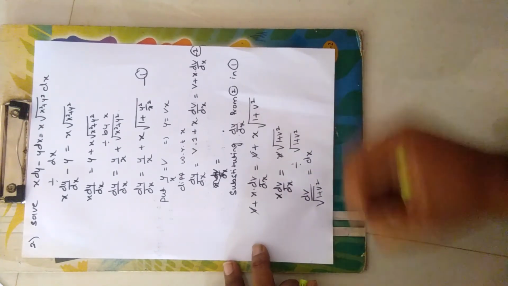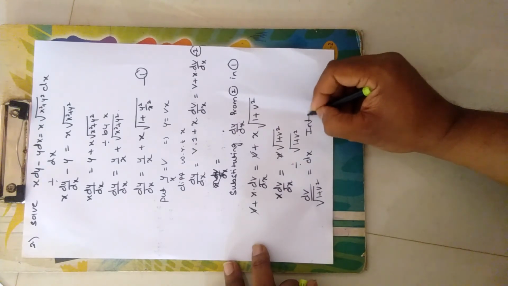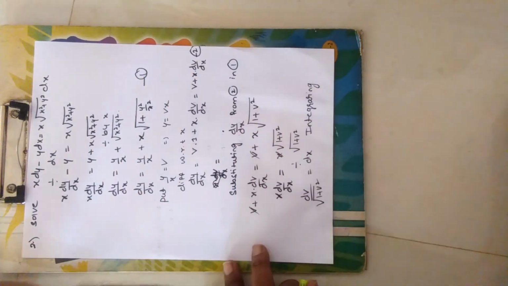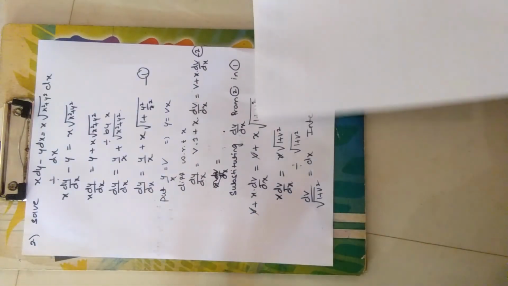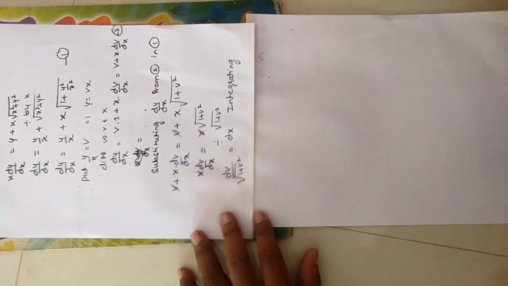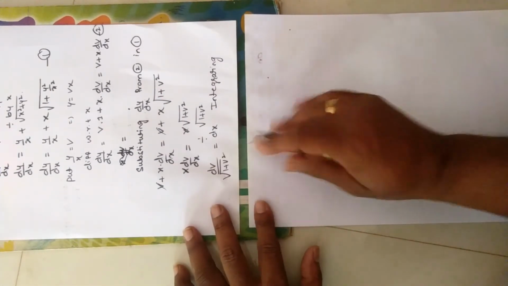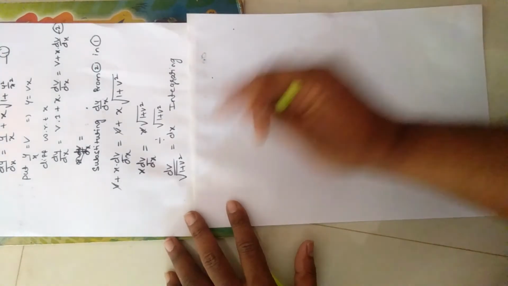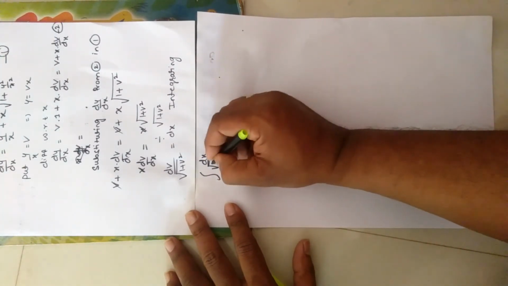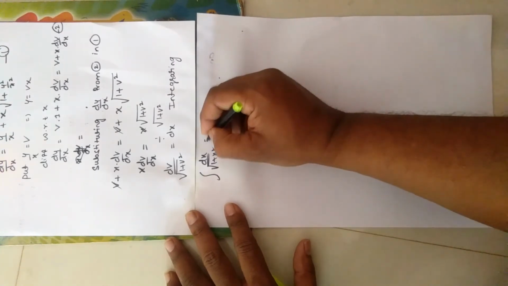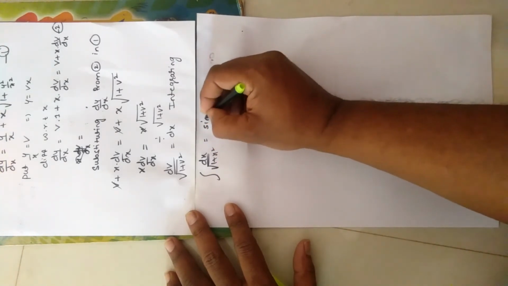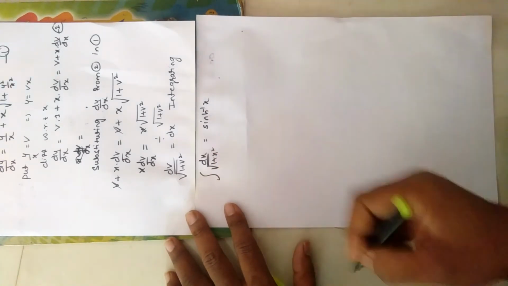Now integrating. We know that the integration of dx divided by square root of 1 plus x square is sine hyperbolic inverse x.